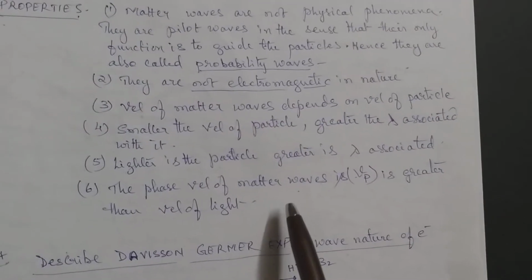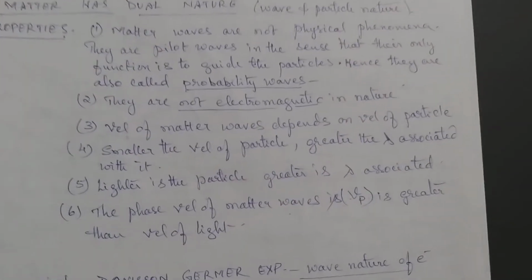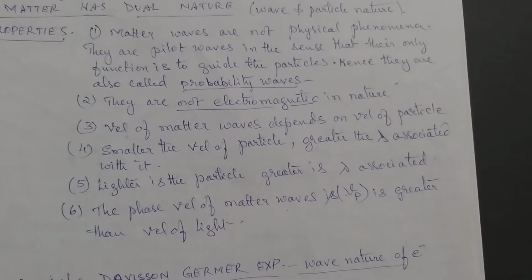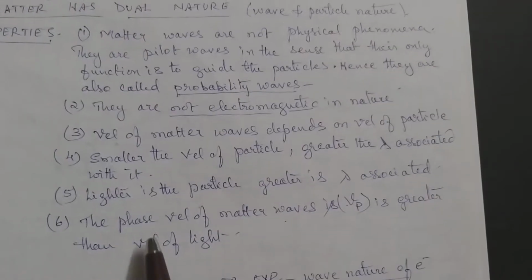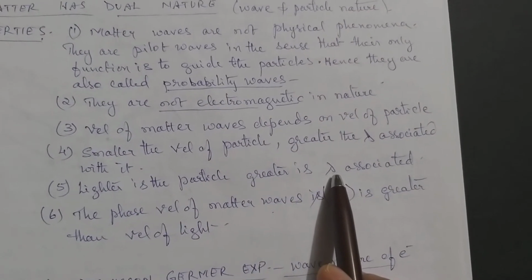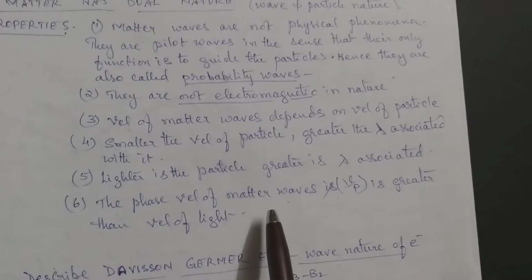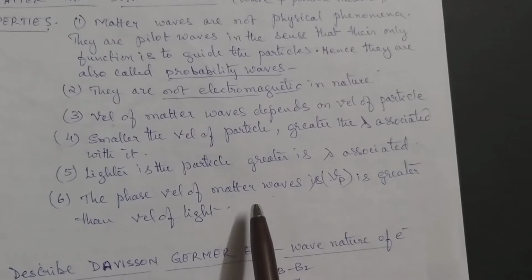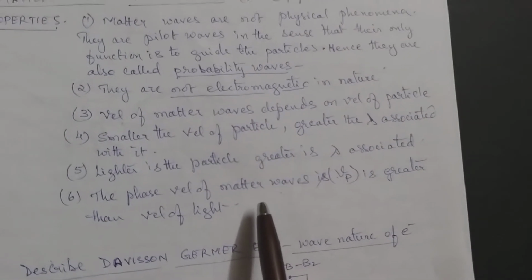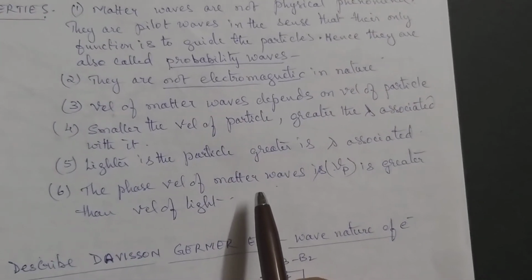So m small means particles like electrons, protons, intra-atomic particles. The big masses will produce very small lambda. And slow velocity means compared to the velocity of light, 3 into 10 to the power 8 meter per second, not your usual walking or running velocity, they are nowhere near.